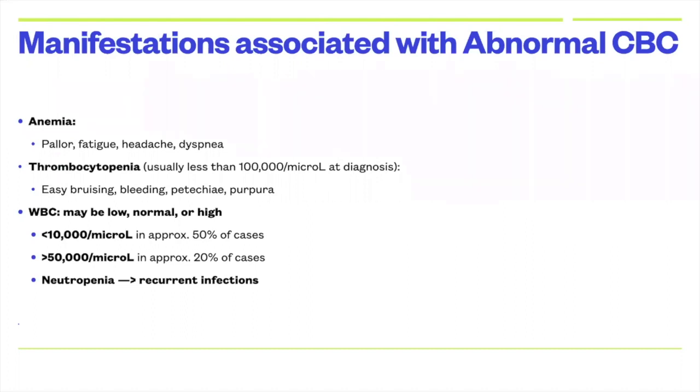In any of these cases, the white blood cells may be increased or low. This is usually mostly associated with neutropenia, because even though we might have high levels of leukocytes, most of those leukocytes are actually going to be lymphoblasts, but the normal healthy white blood cells are going to be suppressed. We know that neutrophils are the most abundant white blood cells, so it makes sense that these are going to be the most suppressed, which can lead to neutropenia and recurrent infections.